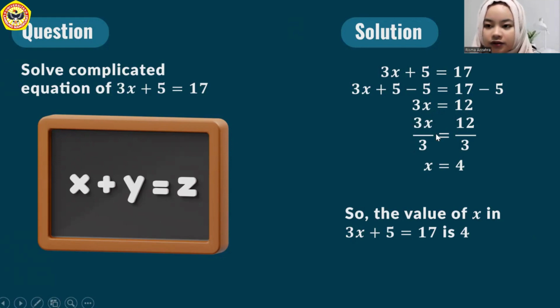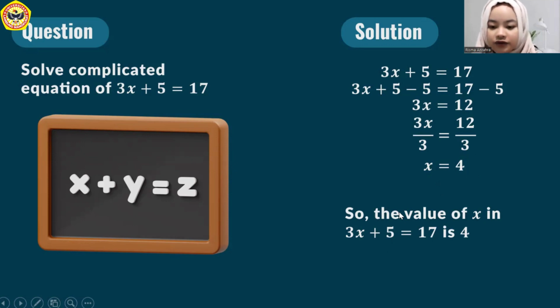So we just divide both sides by 3 because we want to know the x value. So 3x over 3 equals 12 over 3. So x equals 4.